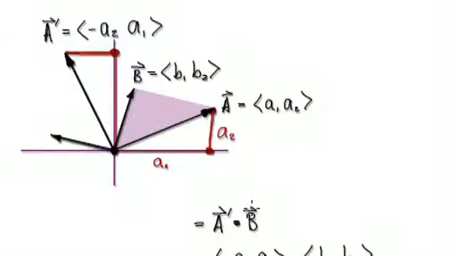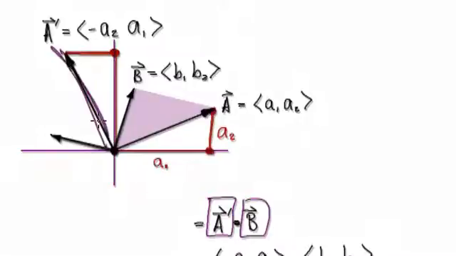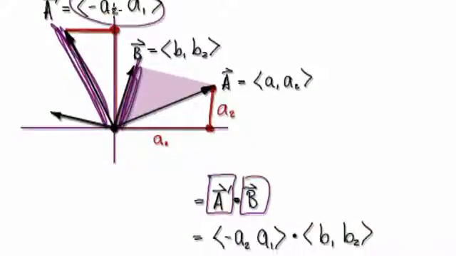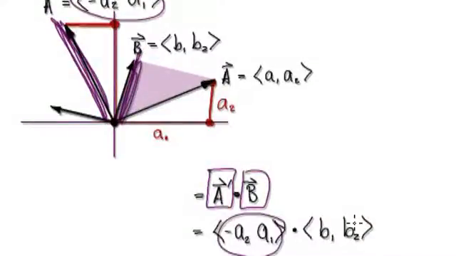So if you want to perform this operation here, A prime dot B, so that's A prime here, dotted with this vector here. So it will be you getting this vector and then dotting it with this vector.